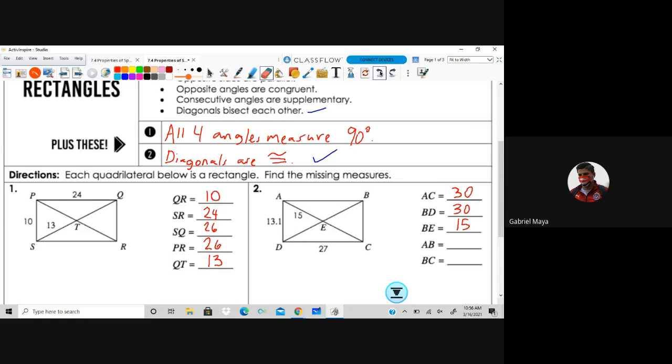So when you guys, with rectangles, there you go. Now it asks us for AB. What is AB from A? This distance right here, this length.